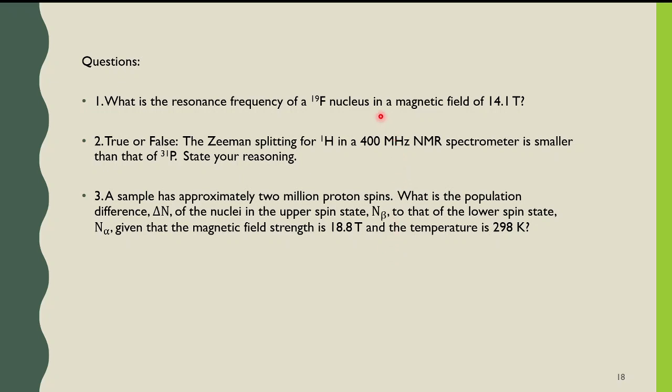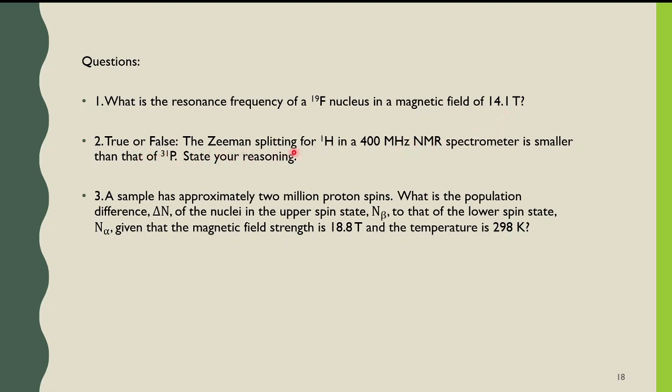So these are questions that I'm giving you, and I want you to do them. I like to give questions at the end of my lecture so that you understand the materials. The first one is, what is the resonance frequency of this fluorine nucleus in a magnetic field of 14.1 Tesla?